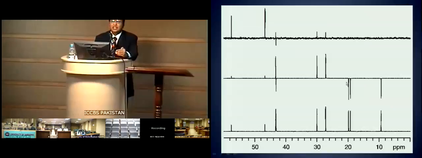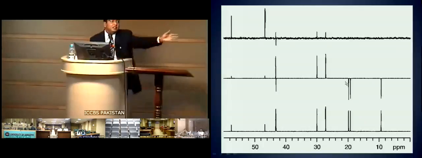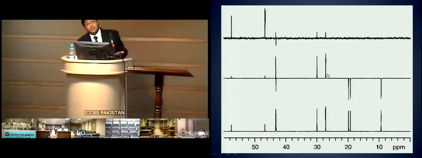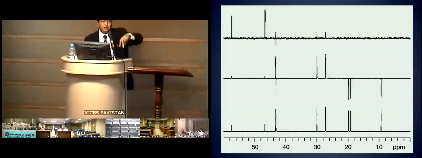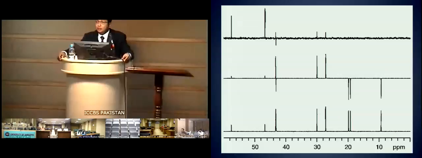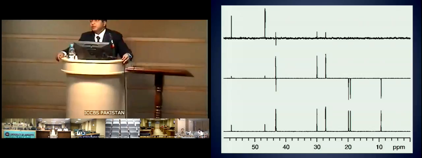The CH3s and CHs which are appearing in the negative phase can appear in the positive phase if I just place the detector on the other side. So the placement of a detector has lots of bearing. You can have these 2 sets of carbon, either plus or minus, depending on the position of the detector. Okay? It's just a choice of angle where you want to turn on your detector.